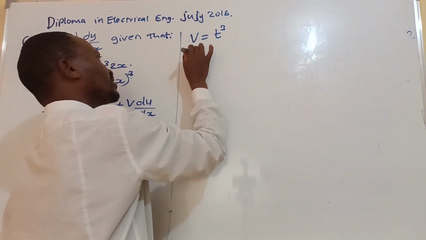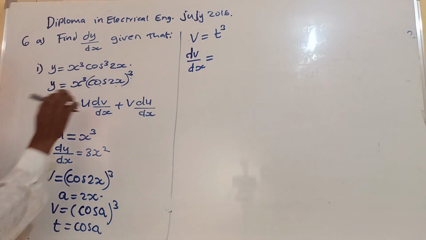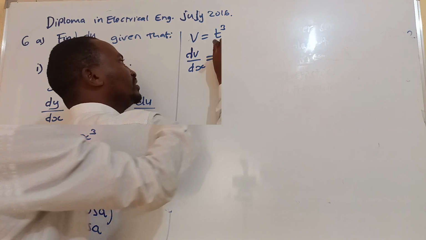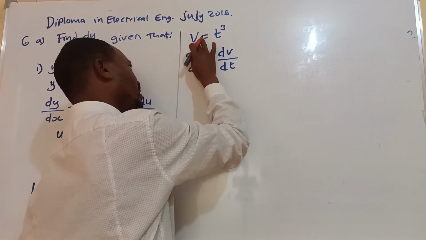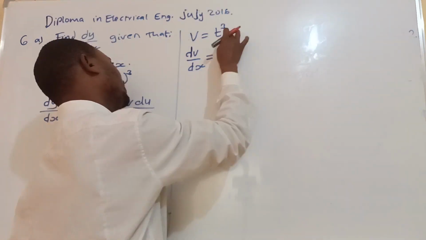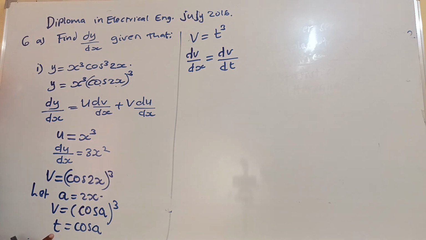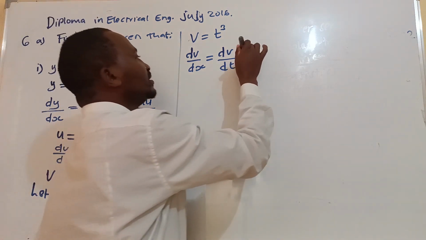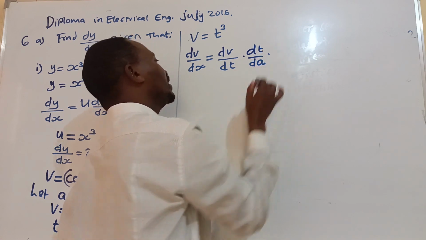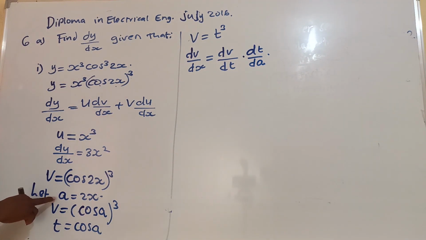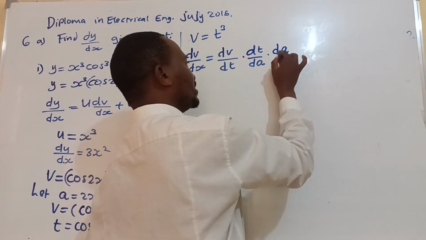So now for dv/dx, we are going to differentiate the outermost, the cube: the derivative of v with respect to t, then t with respect to a, dt/da, and finally a with respect to x, da/dx.